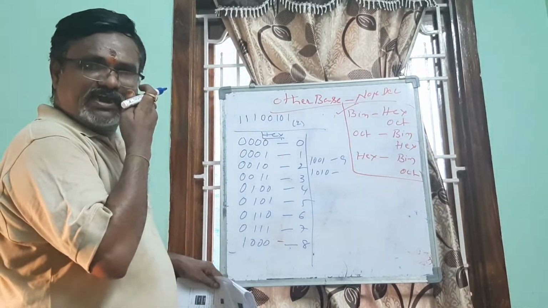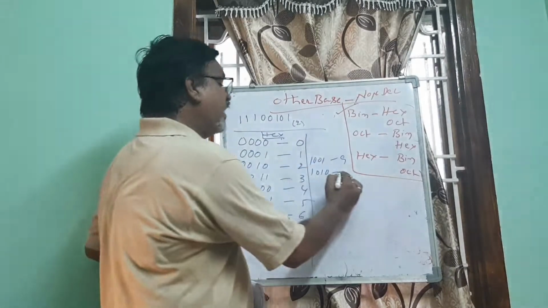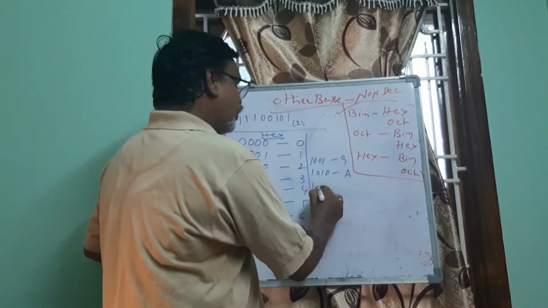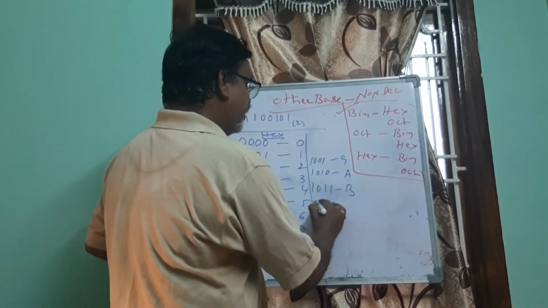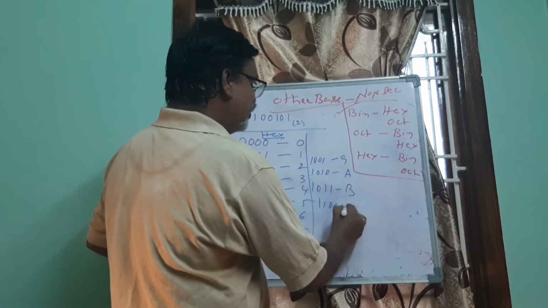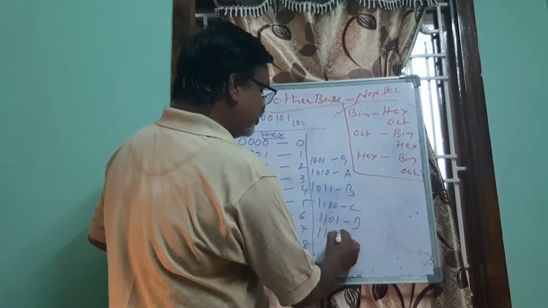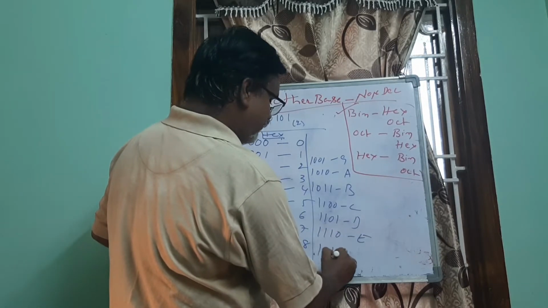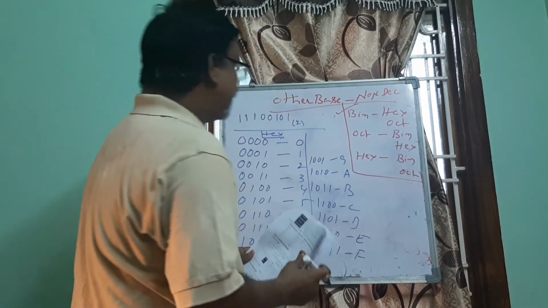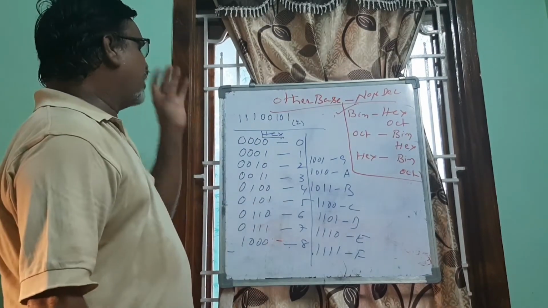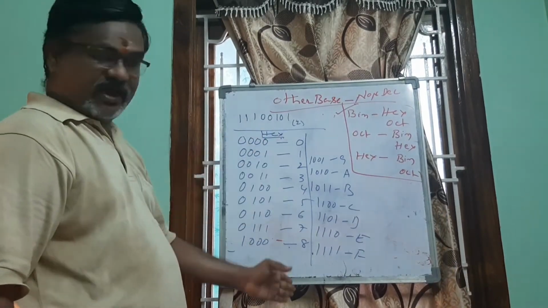But in hexadecimal we don't have 10, so it is A. 1011 is B, 1100 is C, 1101 is D, 1110 is E, 1111 is F. So these are the hexa table: the equivalent binary values and their hexa values.